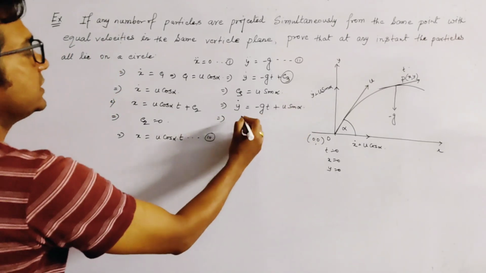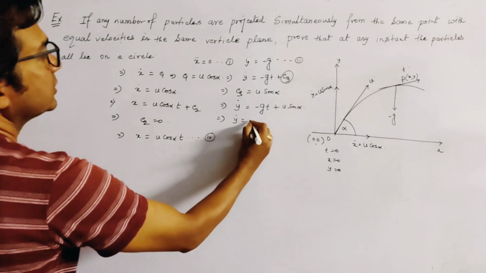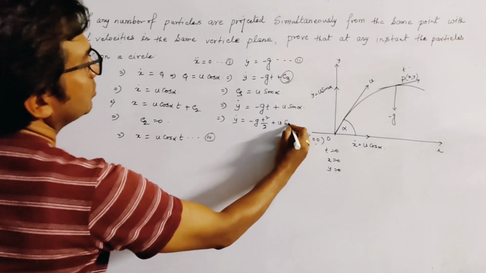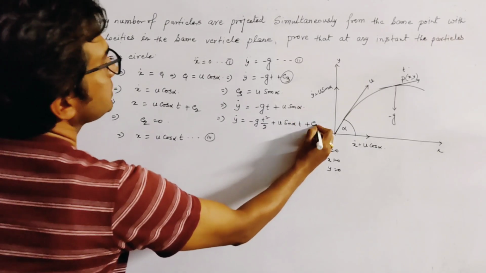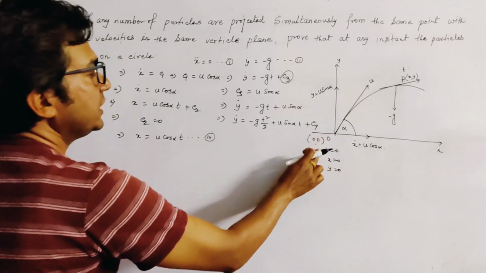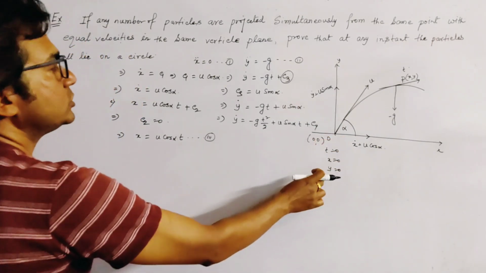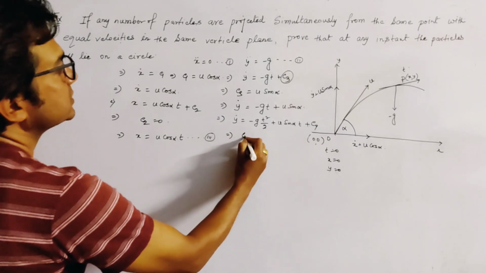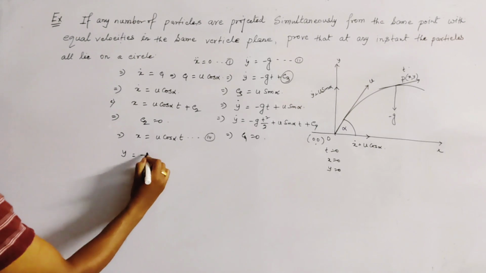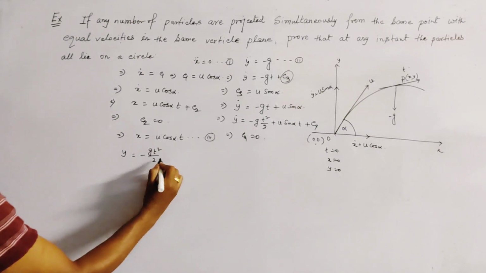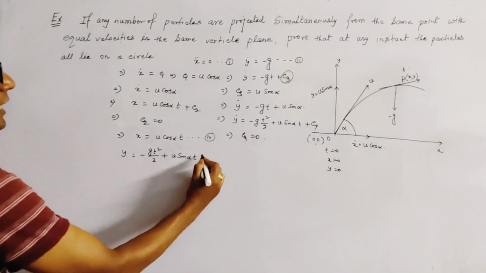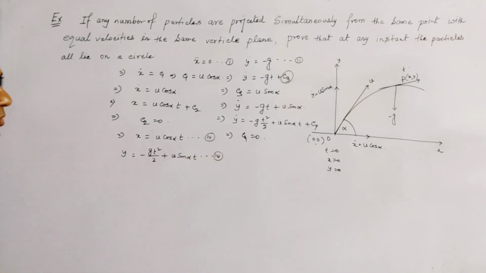Again integrating this relation, we get y equal to minus g t square by 2 plus u sin alpha into t plus c4. Using the initial condition t equal to 0, x equal to 0, y equal to 0, we again get c4 equal to 0, that is y equal to minus g t square by 2 plus u sin alpha into t, and this is known as 4.